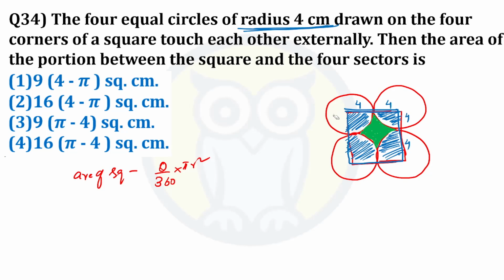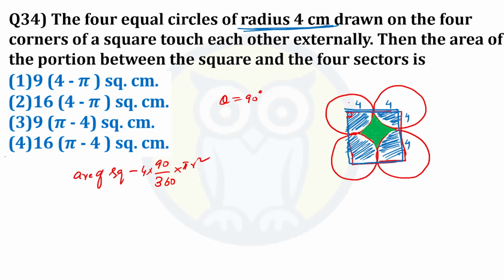The corner angle of the square is 90 degrees, that's why theta is 90 degrees. The hemisector is multiplied by 4.